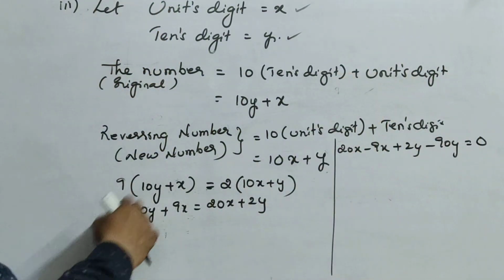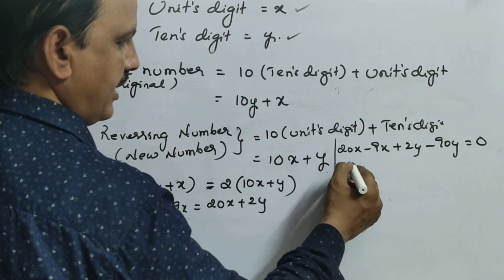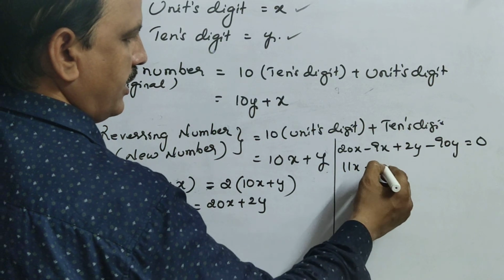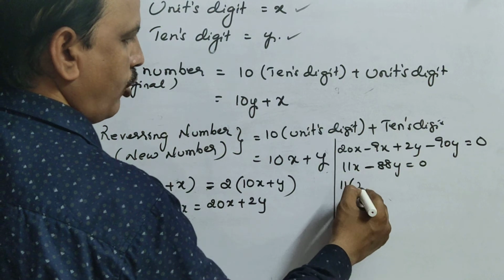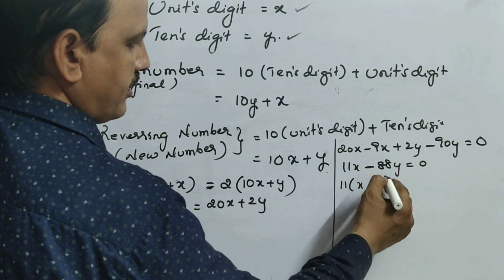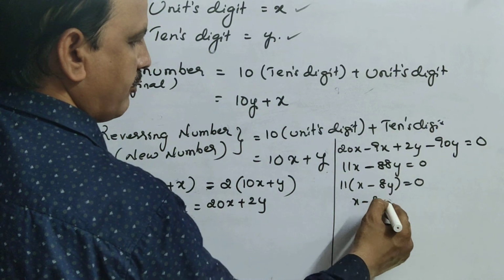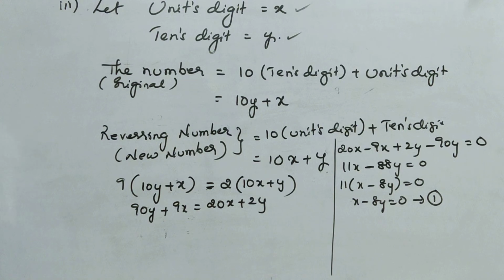That means I brought all to this side. So 20x minus 9x is 11x, and 2 minus 90 is minus 88y, equals 0. So you can take 11 common: 11x minus 8y equals 0, that is equation 1.